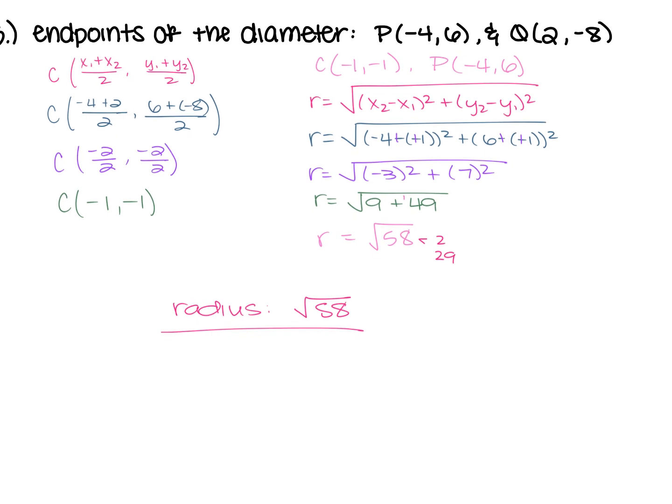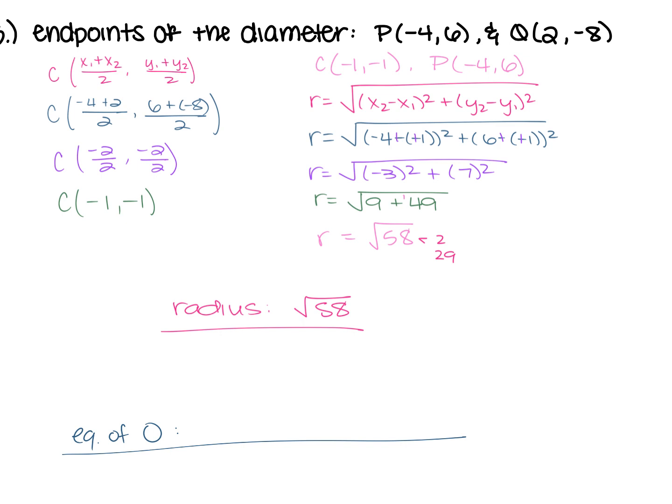Then if it asks you for the equation of a circle, you are going to use the equation of a circle, which is x minus h squared plus y minus k squared is equal to r squared. We said our center is negative 1, negative 1, and our radius is the square root of 58.